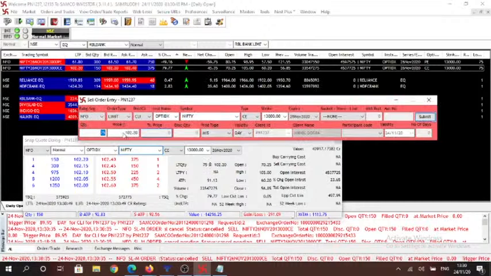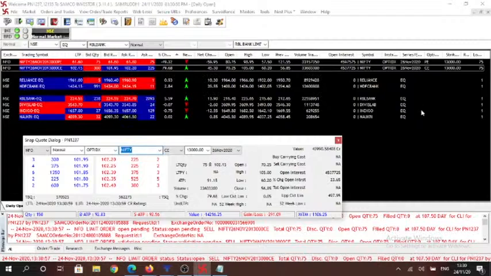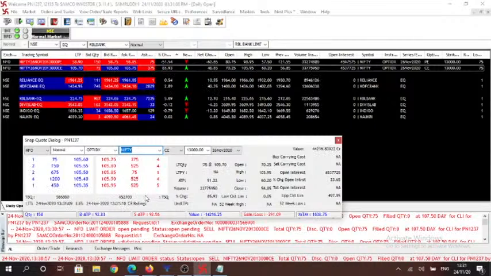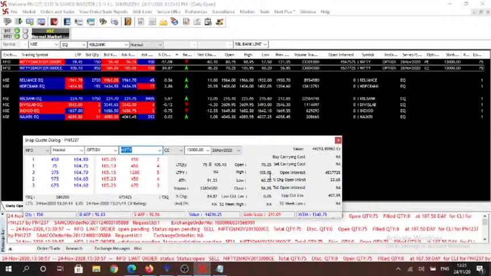Sell one call at the highs, 107.5. About to make the highs now. We've been filled most likely. No, 1.6.